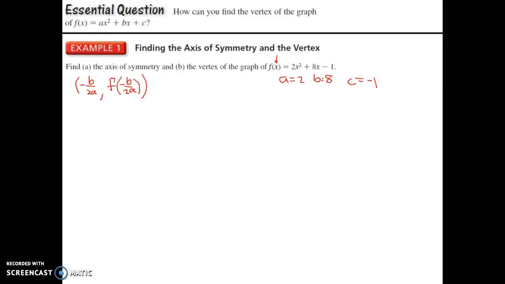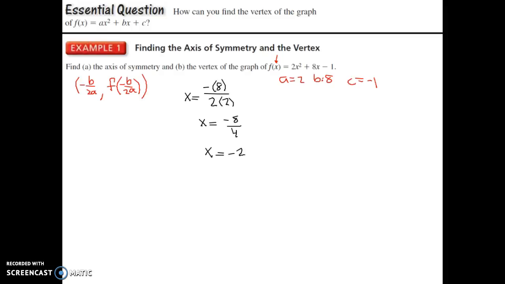So I'm going to go ahead and plug these values in. x is equal to negative b, and b is a positive 8, over 2 times a, and a is a positive 2. So x is equal to negative 8 over 4, and when I divide, I find that x is equal to negative 2.